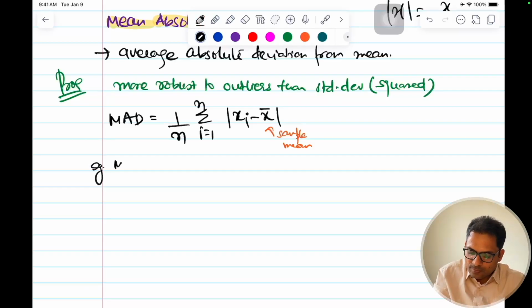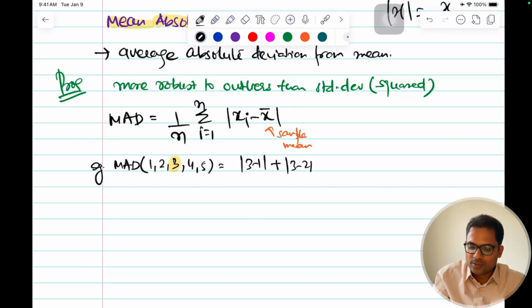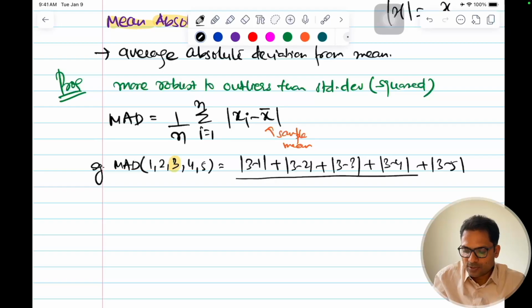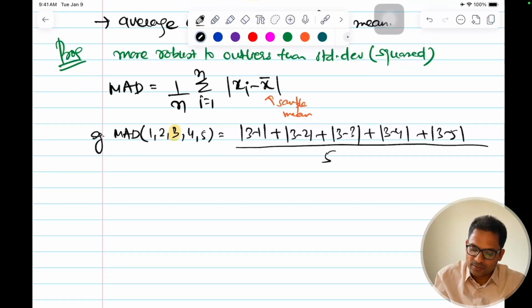For example, the same thing, if I calculate MAD of 1, 2, 3, 4, 5. The mean is 3, so this will be mod of 3 minus 1 plus mod of 3 minus 2 plus mod of 3 minus 3 plus mod of 3 minus 4 plus mod of 3 minus 5, by 5.